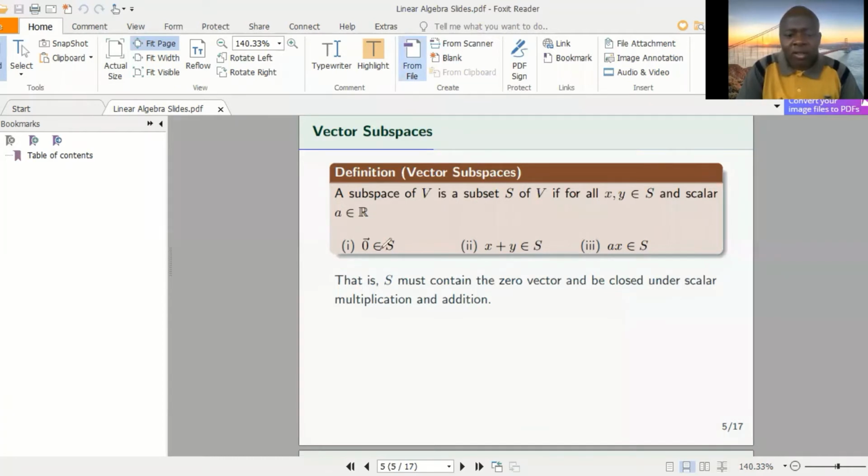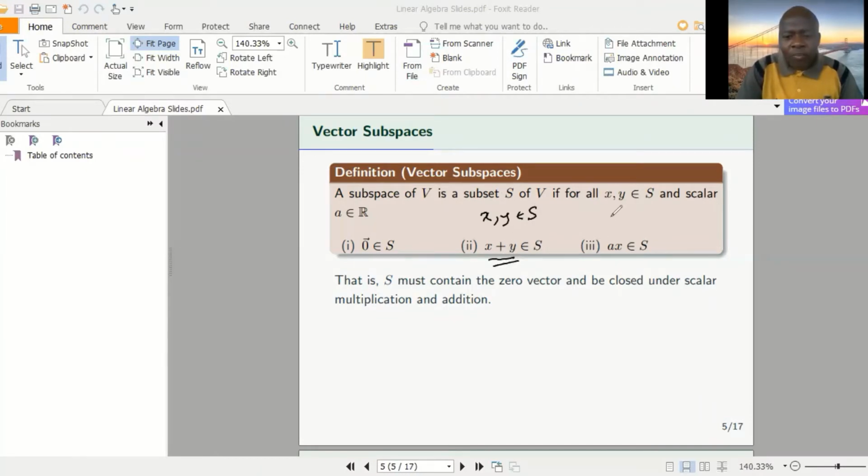The first condition is that S must contain the zero vector. And if I pick any two vectors from the subset S, let me say I pick the vectors x and y, their sum must be in S. That means S must be closed under addition.